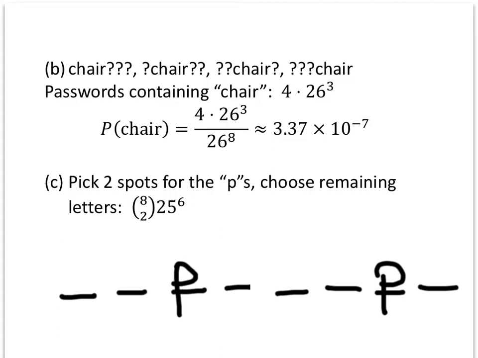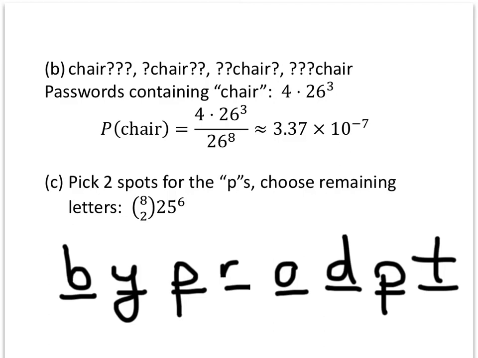Now, for the remaining letters, I can choose any letter I want except P. So maybe this could be a B, and then a Y, and then an O, and then an R and an O, and a D, and a T out here. For each of these spaces that didn't have a P in them, there were 25 choices, so that's 25 to the 6th.